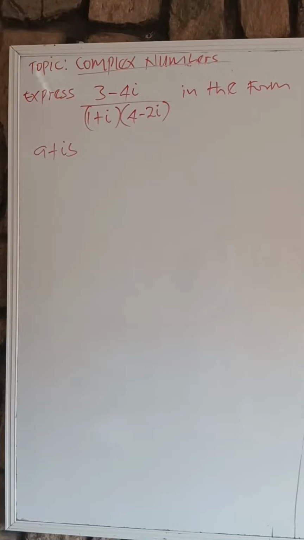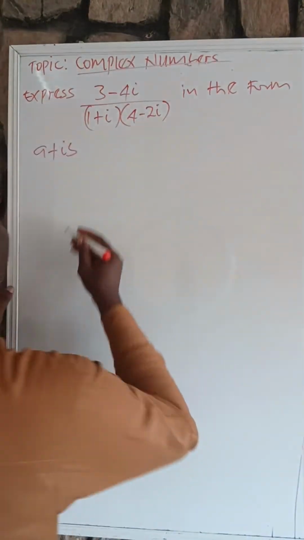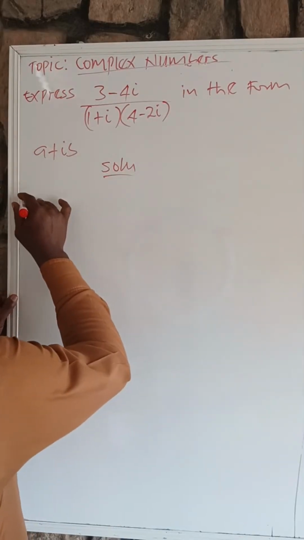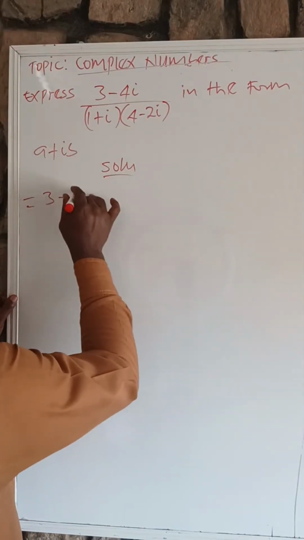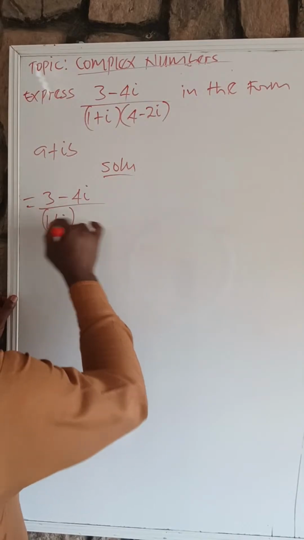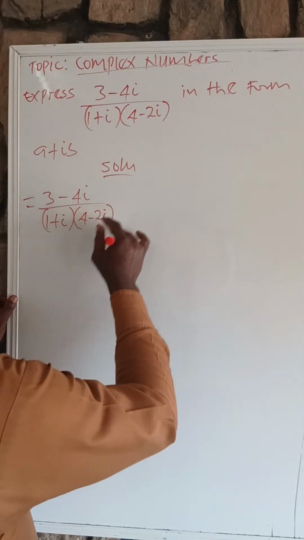When you come across something of this form, it's simple as ABC. Here, what we need to do is this is equals to 3 minus 4i all over 1 plus I, open bracket, 4 minus 2i.